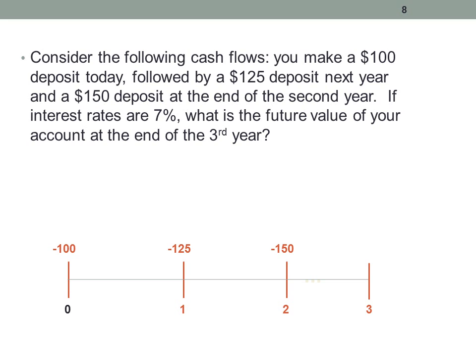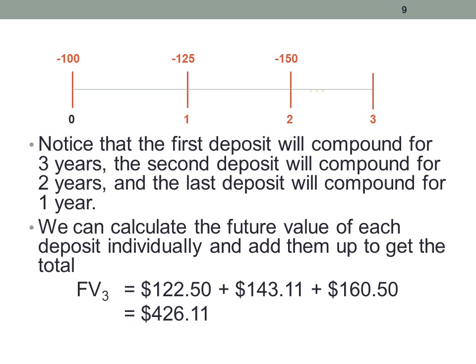In a normal cash flow, what you could know from your last chapter is you could calculate present value. Like in this example, if you deposited $100 today, deposited $125 a year from now, and $150 2 years from now, and all that earned 7% interest, you could use the formulas and the calculator based on what you learned from chapter 4 to calculate a future value.